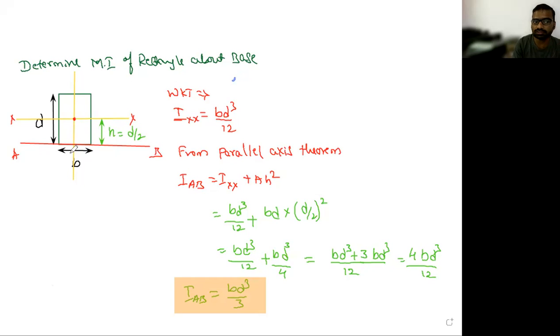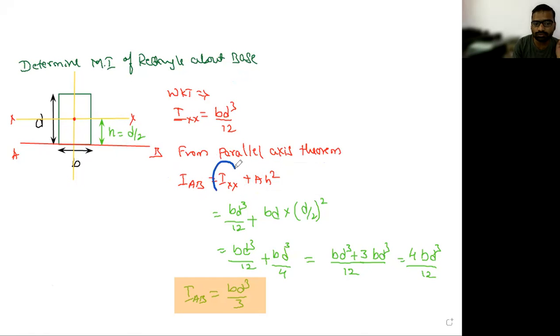Okay, how to shift? That is by applying the parallel axis theorem. I about base, the moment of inertia about base, is equal to the moment of inertia about the centroidal axis plus the area of the section into the square of the distance between the two parallel axes.